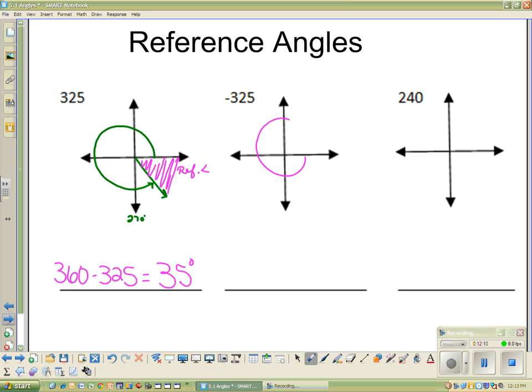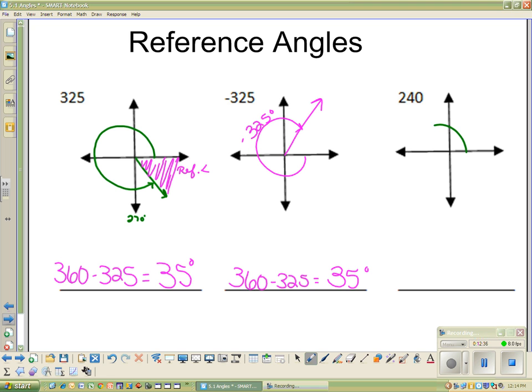Negative 325 finishes me up in quadrant 1. And the way to calculate that one, once again, 360 degrees minus 325 degrees. It has a reference angle of 35 degrees. Notice they each have the same identical reference angle. Their trig functions are going to be very similar, maybe just off by a positive or a negative.